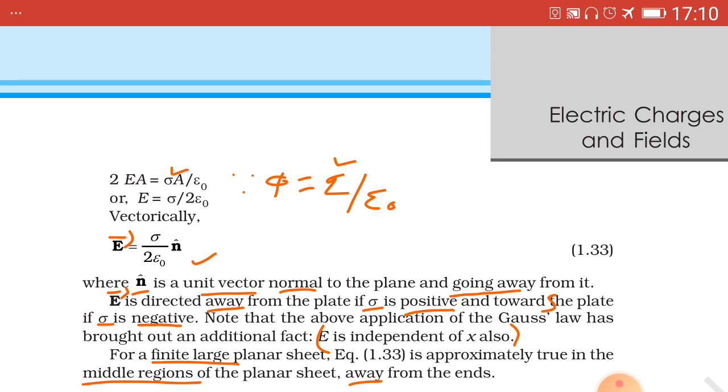The direction of electric field, that is E vector, will be away from the plate or plane if sigma is positive, and towards the plate, that is plane, if sigma is negative. Here also E is independent of x, which is written in the bracket.